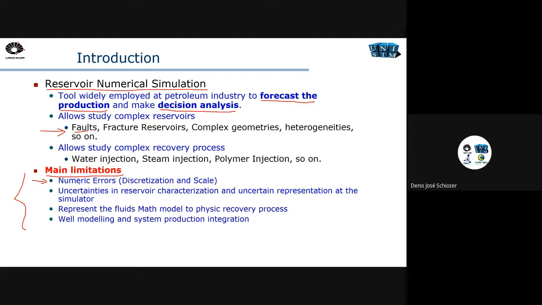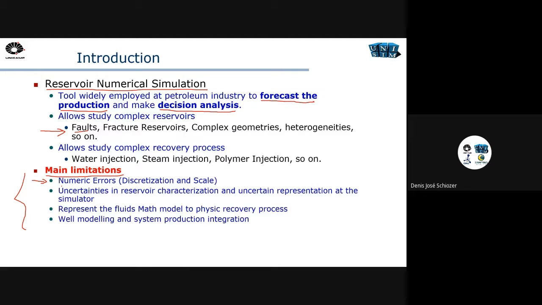But the main problem with reservoir simulation is that we are trying to mimic a physical behavior, the flow of a complex fluid in porous media. And the porous media, as you know, have a very small scale.